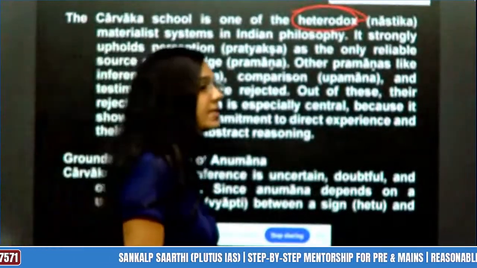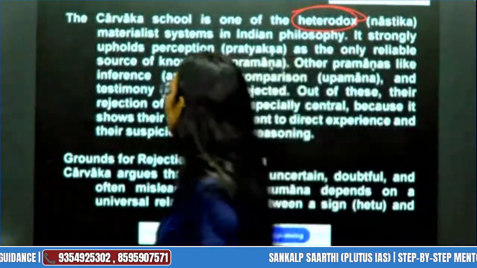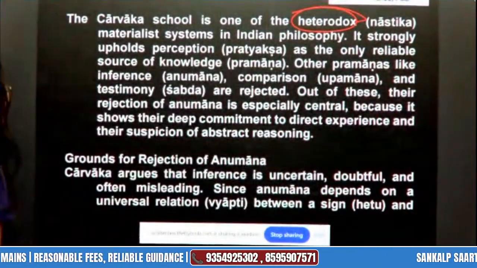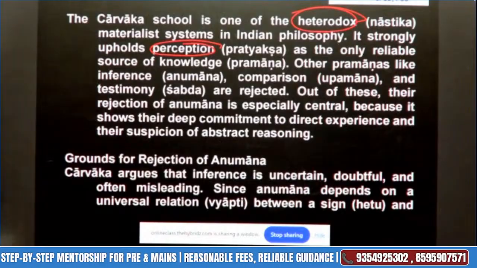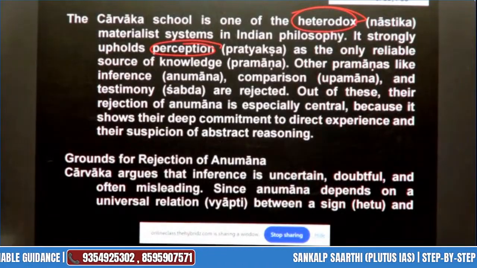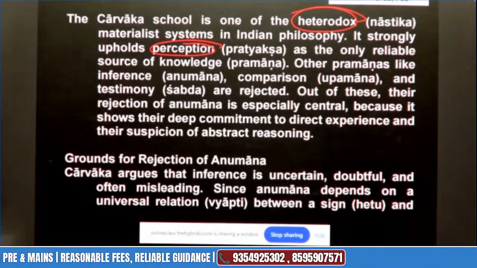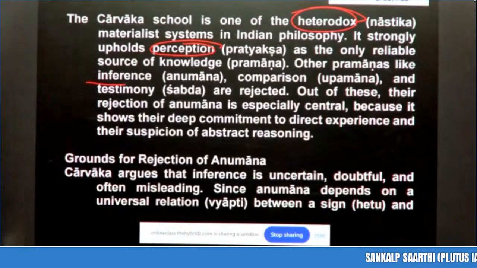Inference is the one which he refutes very properly. So we'll understand how he refuted it and what example he gave. Other pramanas like inference, comparison, and testimony are rejected. Out of these, the rejection of anumana is especially central because it shows their deep commitment to direct experience rather than abstract reasoning.